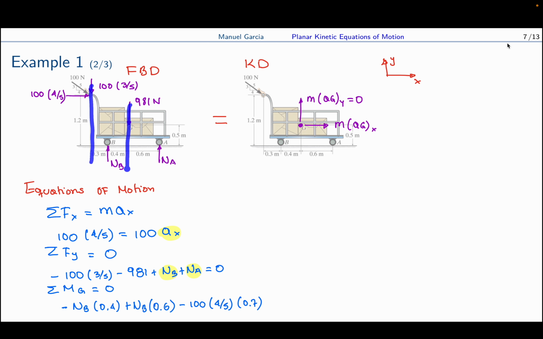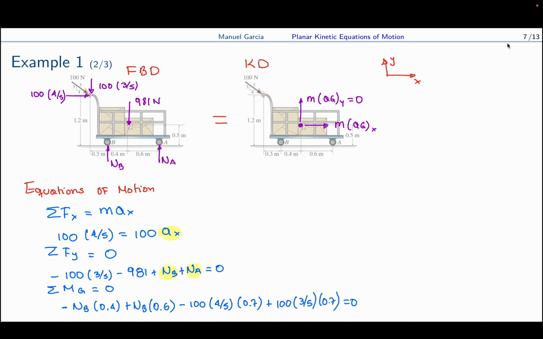The distance is 0.3 plus 0.4, that's also 0.7. So plus 100 multiplied by 3 over 5, multiplied by 0.7, and that is equal to 0.